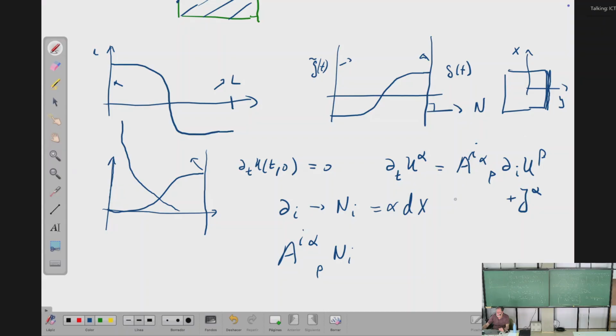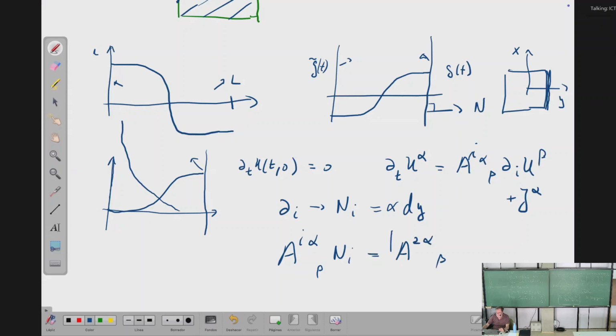So dy is the right quantity. So in this case, this is just dy. Okay. So it will be the component 2 of the vector.